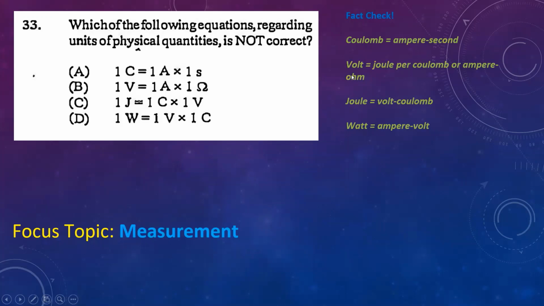So you can write your equations and check. Joule is equal to coulomb volt or volt coulomb. And watt is ampere volt. So which one of them doesn't apply? So we see here, 1 watt is 1 volt times 1 coulomb. That is not correct. All right. The answer is D.